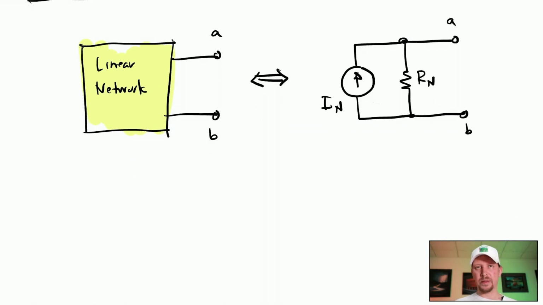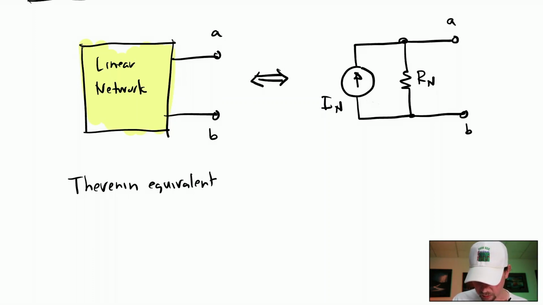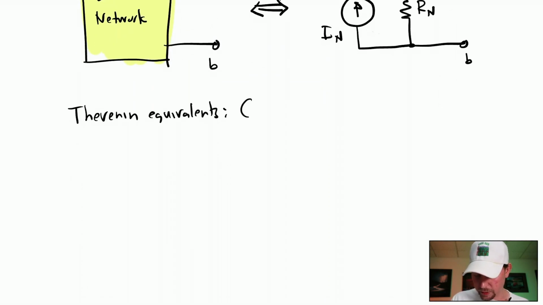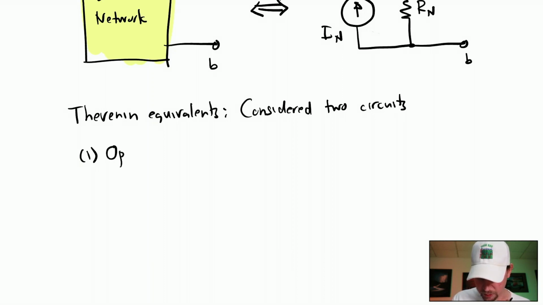Now, when it came to Thevenin equivalents, one of the things that we ended up doing was considering two circuits. The first circuit that we had considered was the open circuit, and we considered this to find the open circuit voltage.